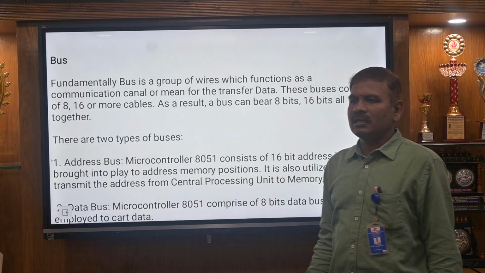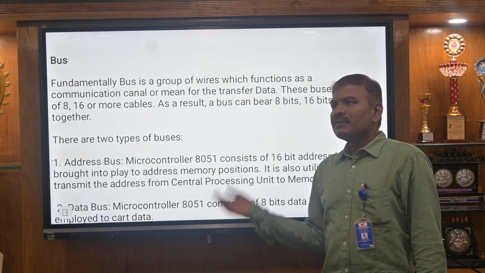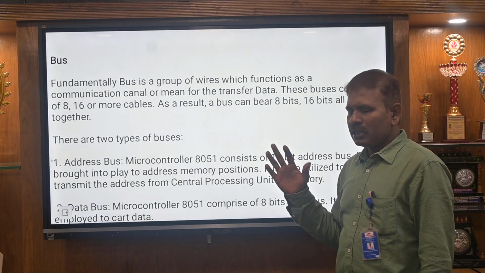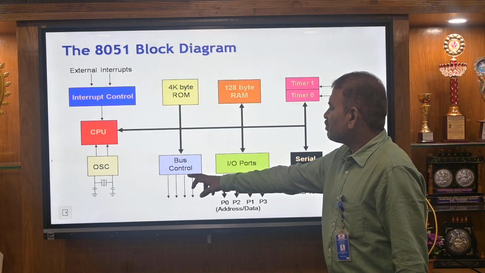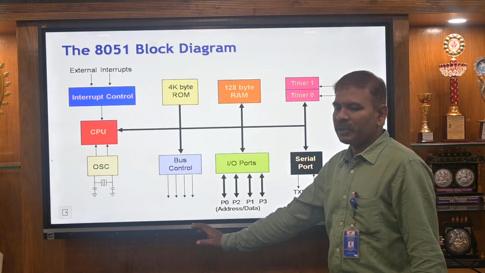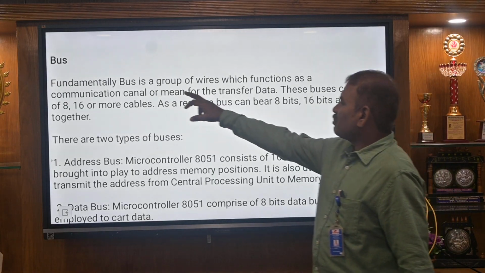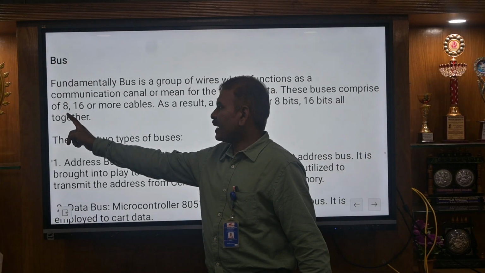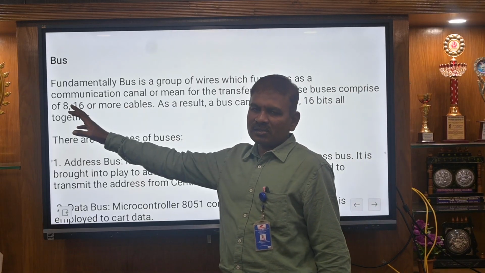The buses are 8-bit buses, in both the microprocessor and the microcontroller. In the bus control structure, only 4 pins are connected. The fundamental bus groups are connected, maybe 8 or 16-bit.